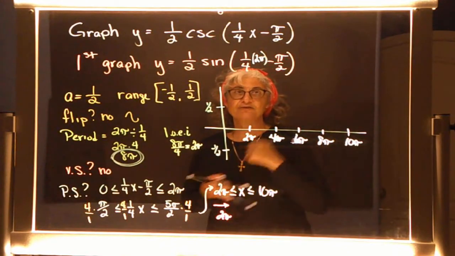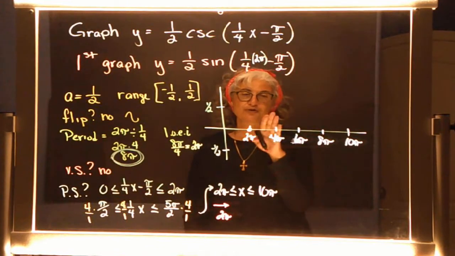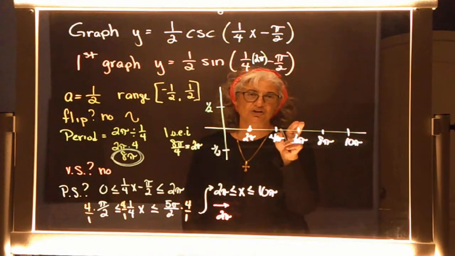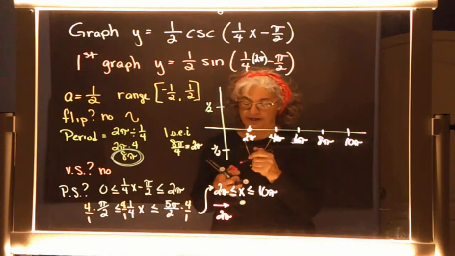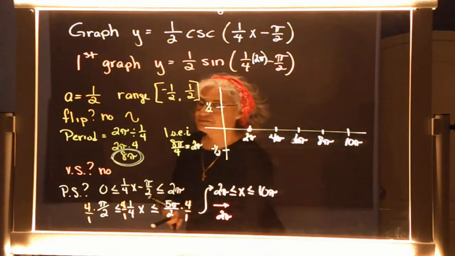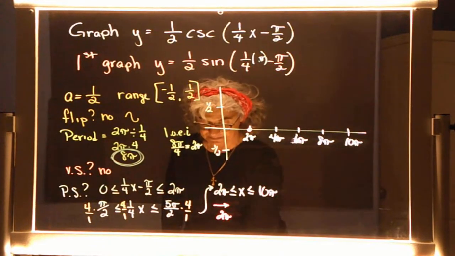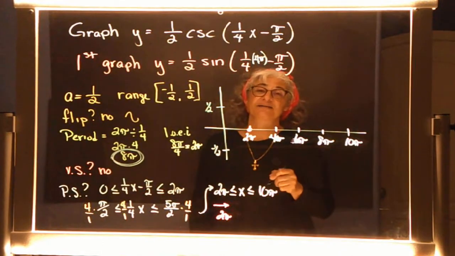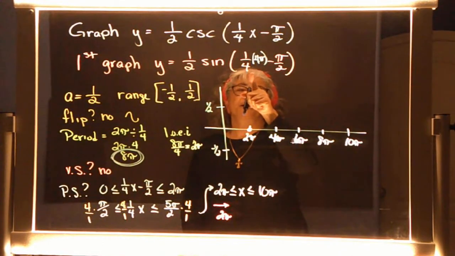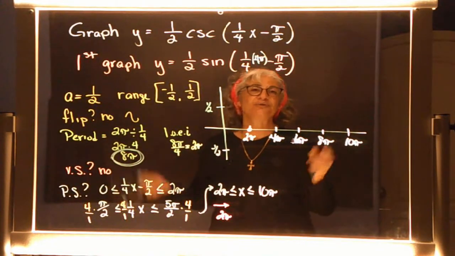Remember what we've mentioned before. If we can get the first 2 or 3 of these points in place, and we see that they're going where they should go, then the rest of them will fall in place and I don't have to worry about it. Okay. The next theta I'm plugging in is 4 pi, isn't it? Okay, so what's 1/4 of 4 pi? Good, that's just pi. 1 pi minus a half pi. Pi over 2, yes.